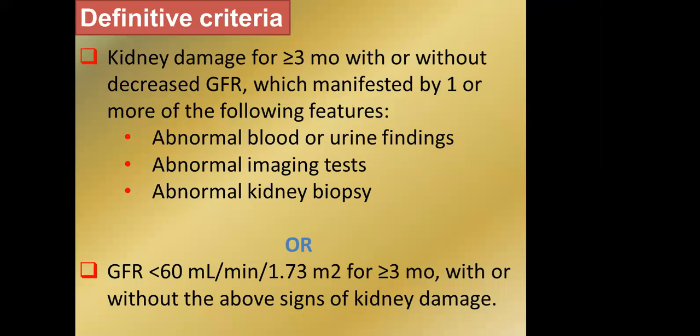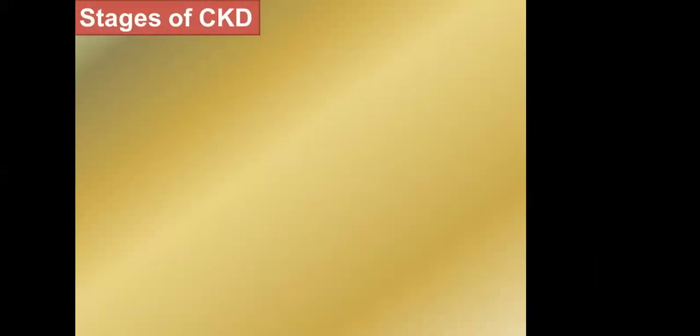That is to say, the patient has chronic kidney disease either with damage for more than 3 months, which manifests by abnormal blood or urine test, abnormal imaging test, or abnormal kidney biopsy, or with a decreased glomerular filtration rate less than 60 ml per minute per corrected square meter for more than 3 months, with or without the above signs of kidney damage. This is the definitive criteria of chronic kidney disease.